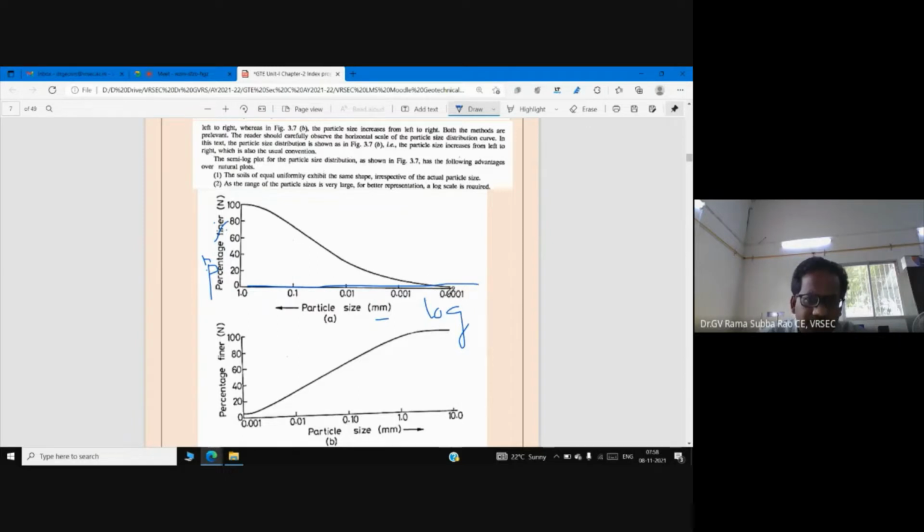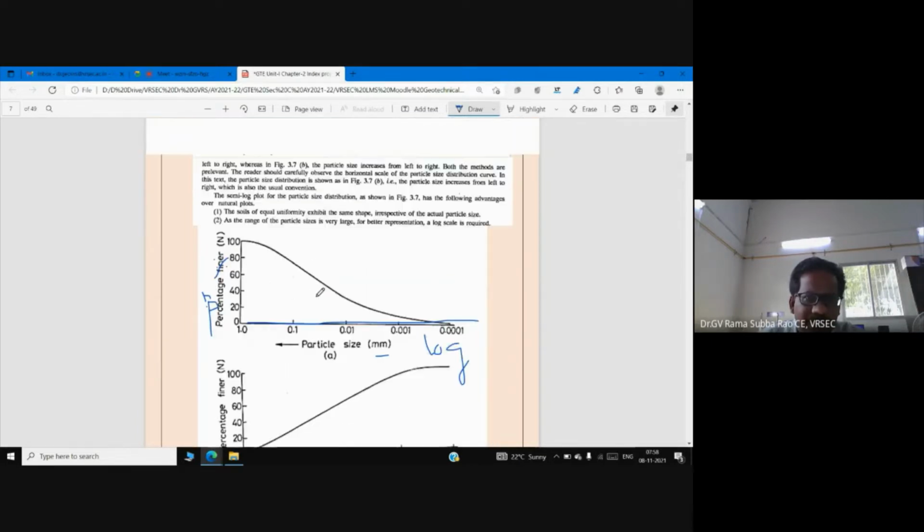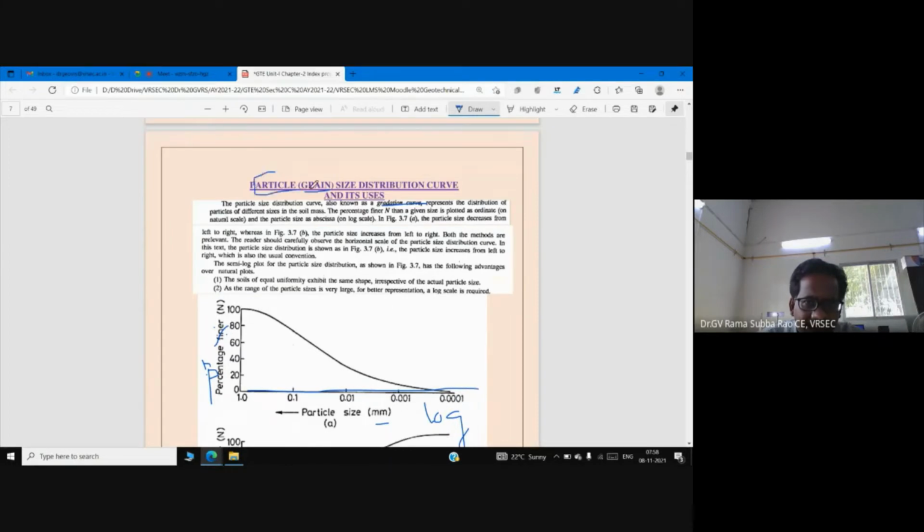As you know, this is 10 power minus 3, 10 power minus 2, 10 power minus 1, 10 power 0. Here in this plot, one can see the percentage finer versus particle size in millimeter. So the plot between percentage finer and particle size is the particle size distribution curve.